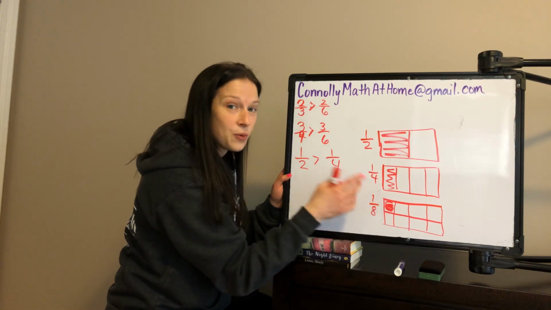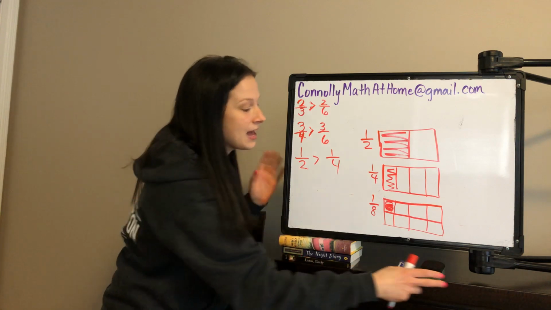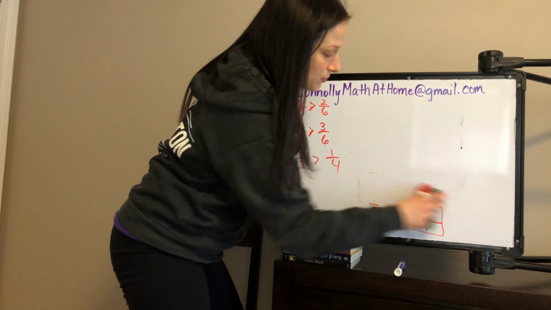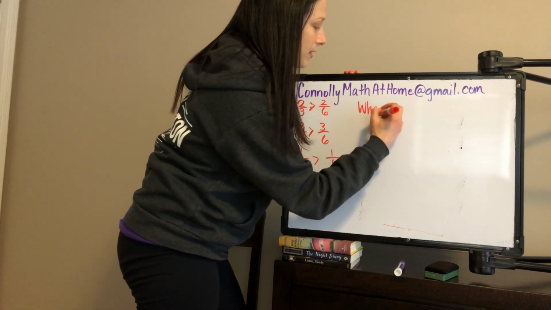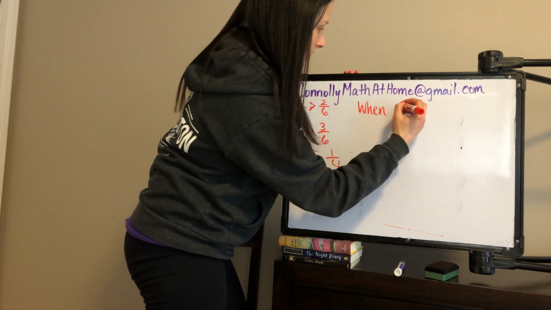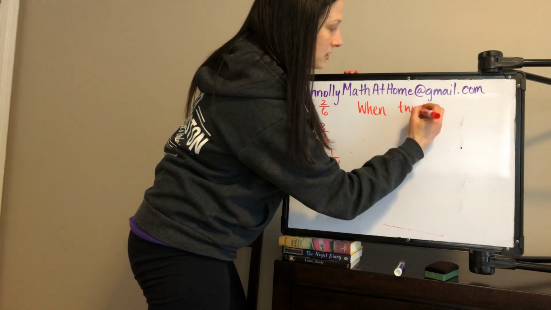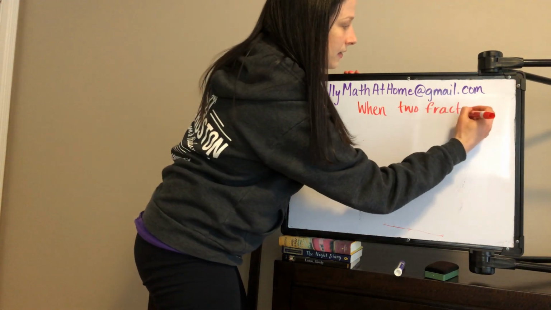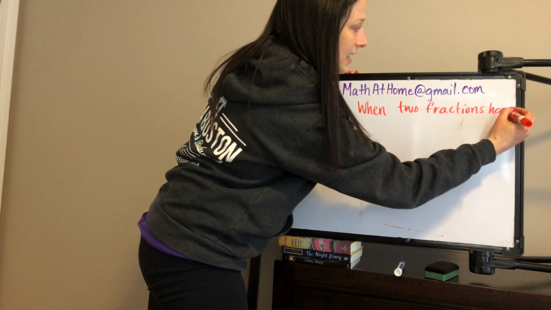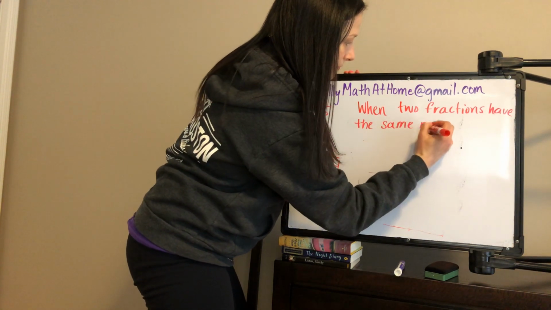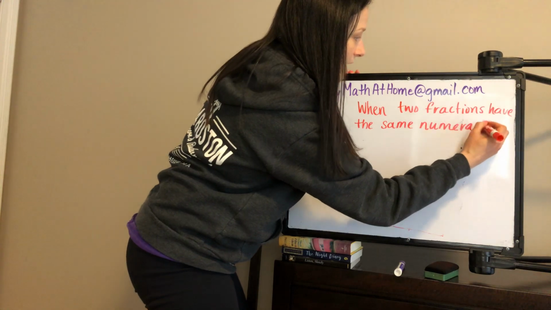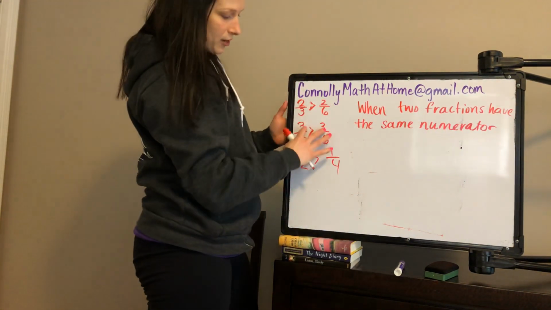So, when we have 2 fractions with the same numerator, let's start writing it out, and you see if you can complete the sentence while I'm writing. When 2 fractions have the same numerator. So this is what happened each time here. I gave you the same numerator over and over.